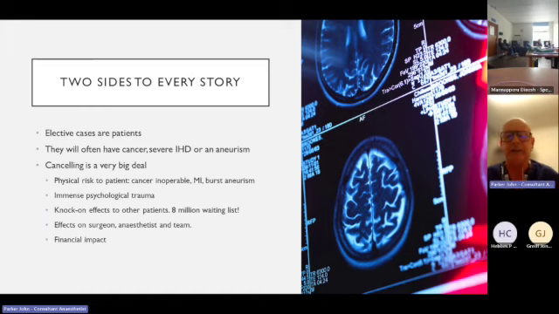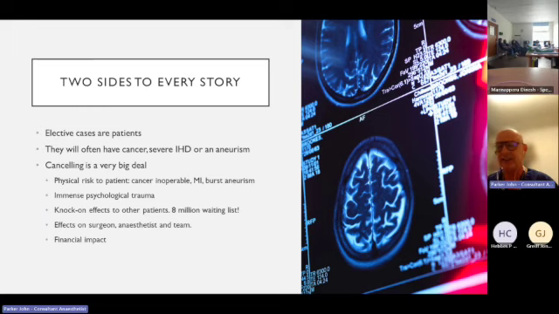Obviously it's a silly thing to say, but elective patients are patients. They're people with stories, and when we are all focused in intensive care about intensive care beds, it's very easy to forget about these people and their stories. They will often have cancer, severe heart disease, or an aneurysm, something that necessitates the major surgery they need.